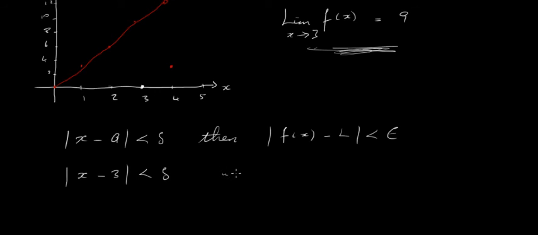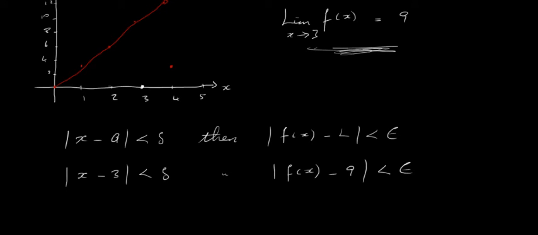Then the modulus of f of x minus our limit, which we're saying is 9, is less than epsilon. If we can show that this is true, then we've proven this part here.